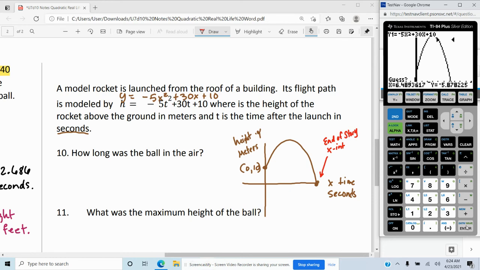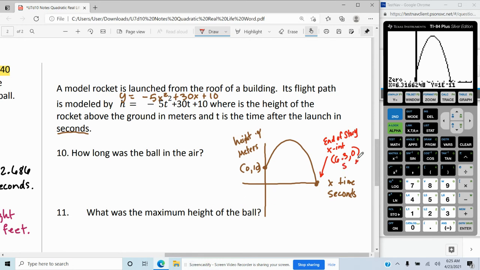Do I want to guess? No, thank you. Make sure that whatever you're looking for, if you're looking for 0, it says 0 right here. Okay, good. Now we got that crazy small number, and then we got this. So what we're looking at is 6.3. It was 2 like that, right? 6.3 sounds good. And then we got 0. So how long was the ball in the air? X is in seconds.